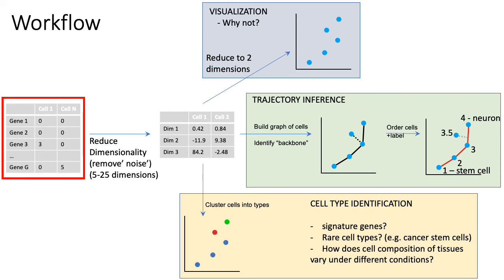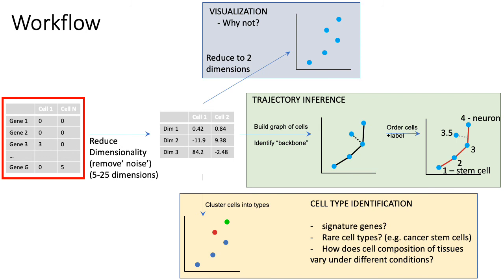Once you've done some basic data pre-processing and calculated your table of quantifications of how many times each gene was observed in each cell in your dataset, you then typically take that table and punch it through any number of different workflows in order to perform tasks like trajectory inference or cell type identification that we talked about previously.